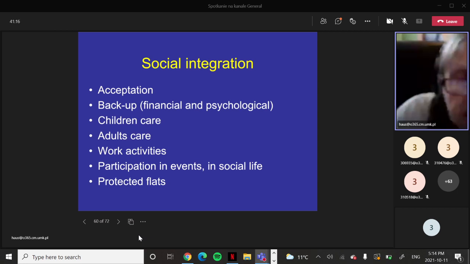Okay. There should be possibilities of work activities for young people and adults with genetic syndromes. In general, people with genetic syndromes are equal to healthy people, so they should have the occasions to participate in events of social life.